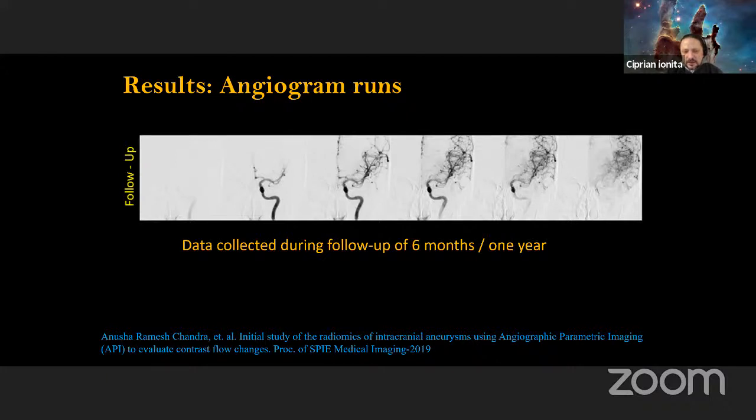So the idea is, what kind of flow information can we extract from these angiograms in order to decide whether we're done or whether we should do something more about this treatment. And this is more so about coiling, because with coils, you can deploy them one at a time and decide whether you're done or not.